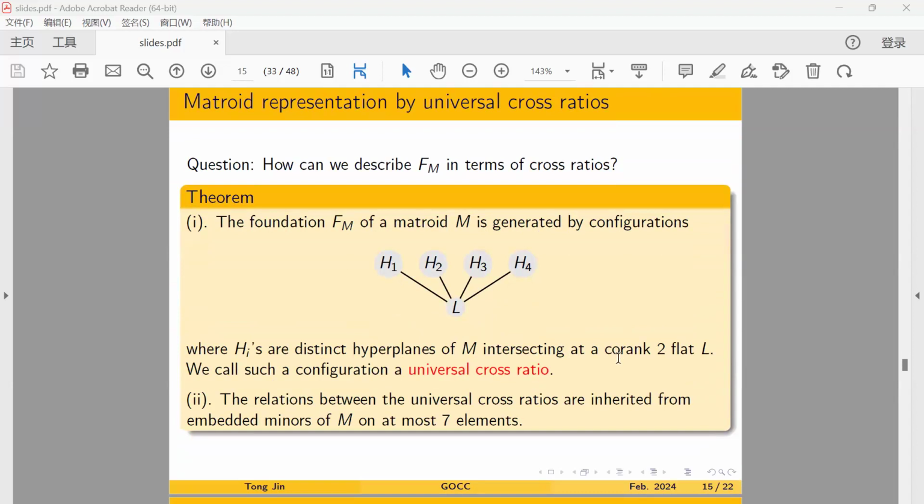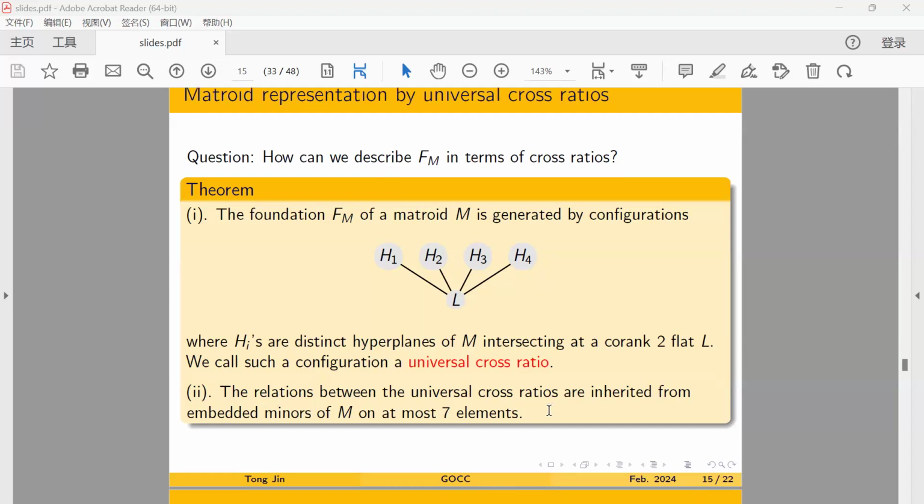But the theorem confirms that you can obtain a modular system of hyperplanes once you know the values of the cross ratios, and once you guarantee that the relations among those cross ratios are satisfied.